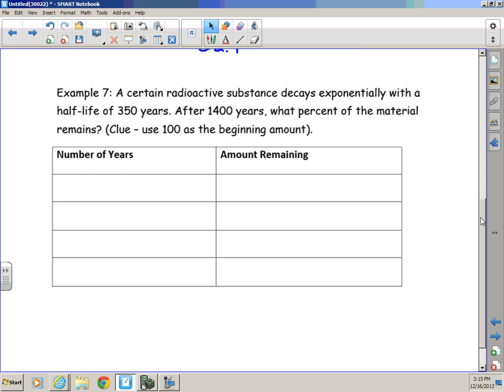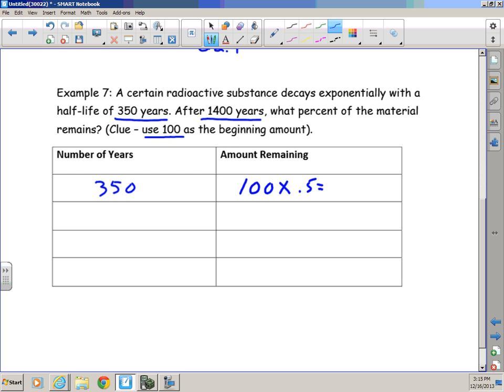So let's say the radioactive substance we have has a half-life of 350 years. And I want to know what happens after 1400 years. So the number of years, 350. Let's say I started with 100 units of this item. Well, how much would I have after 350 years?